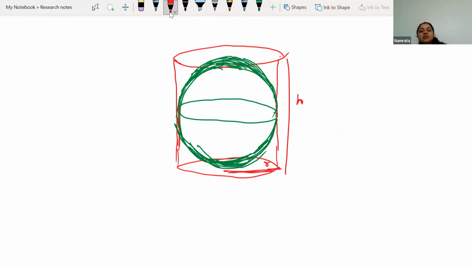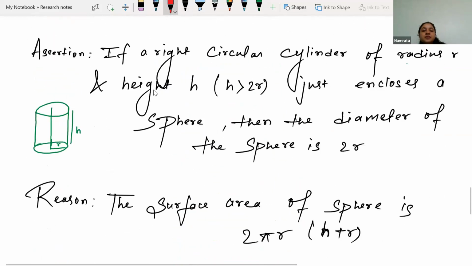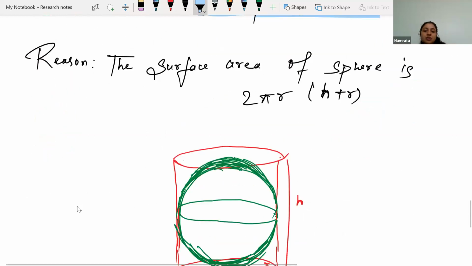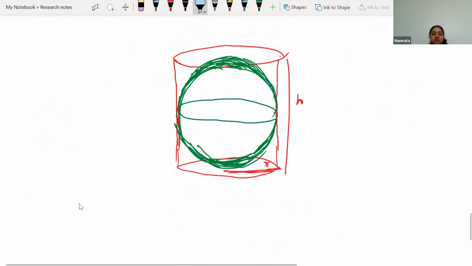Now, what exactly does the assertion say? Then the diameter of the sphere is twice r. Is it so? If the cylinder has radius r, we can see the sphere will also have radius r.